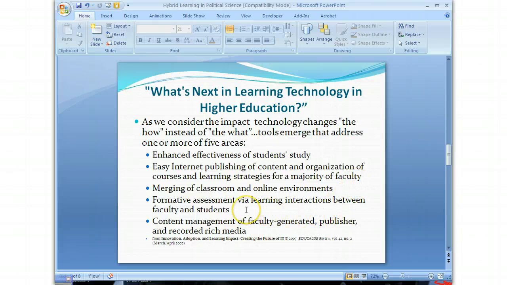As we've discussed, formative assessment via learning interactions between faculty and students, and this rich media access through the internet and content which is managed and orchestrated by that faculty or facilitator is really the beauty of a hybrid environment.